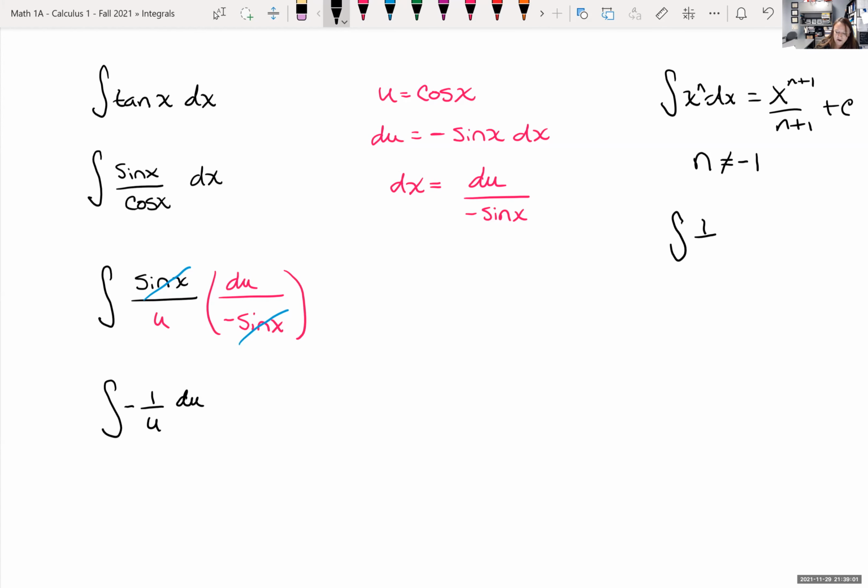Recall if we had the integral of 1 over x dx, that was equal to the natural log of the absolute value of x plus c. So the antiderivative of negative 1 over u is negative natural log of the absolute value of u plus c, or negative natural log of the absolute value of cosine of x plus c.